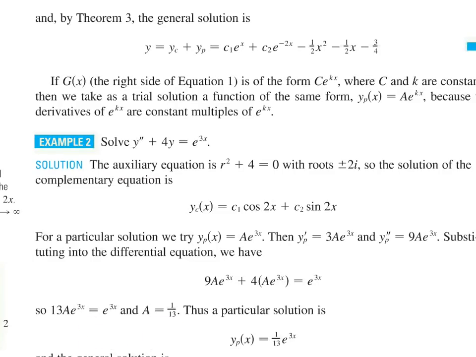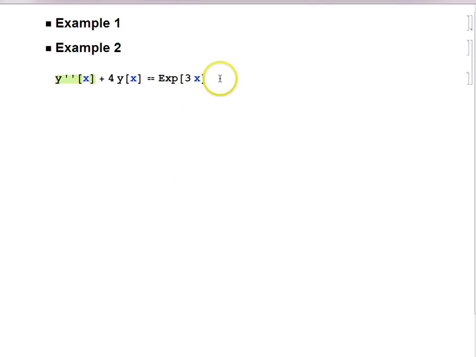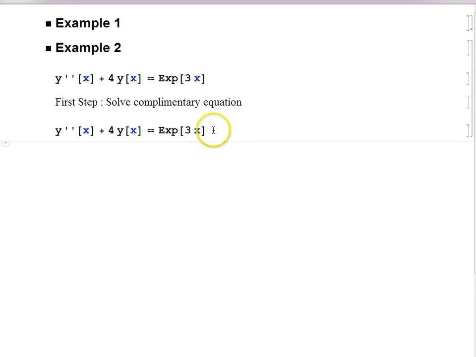Yes, we did. Well, excellent. Okay, what's the first step? First step. Solve the complementary equation. Which is what? The homogeneous equation for that linear operator on the left. As a matter of fact, we'll just call that yc.